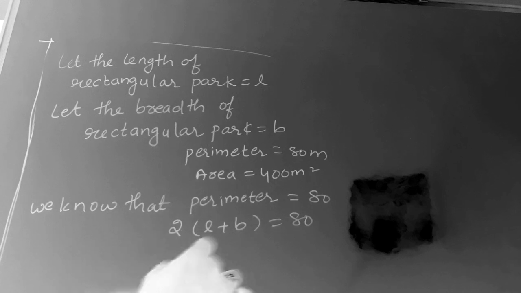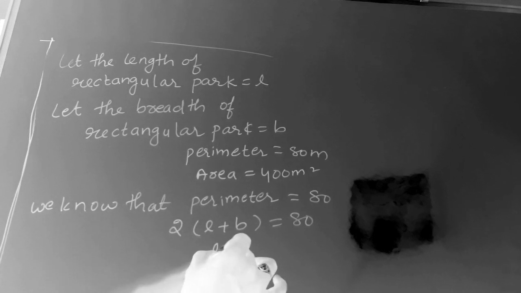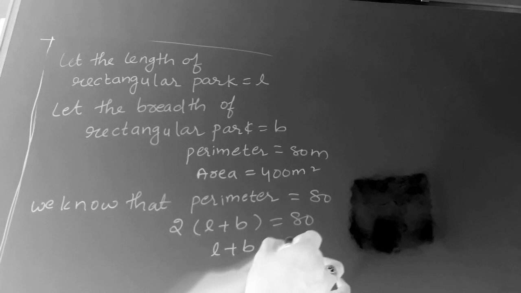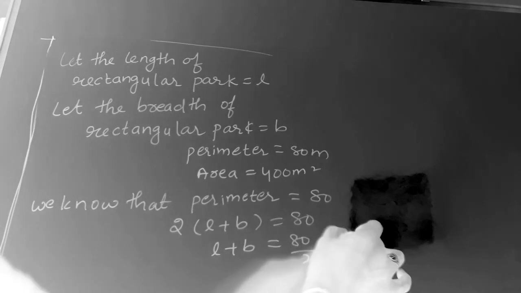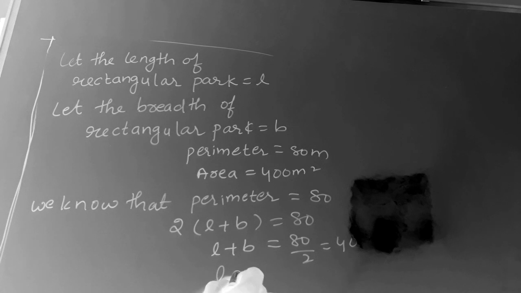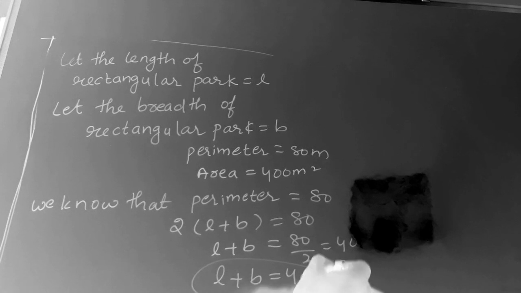So now we send that 2 to the right side. It is in multiplication, so it goes to division. 80 by 2 is nothing but 40. So L plus B is equal to 40. This is condition number 1.